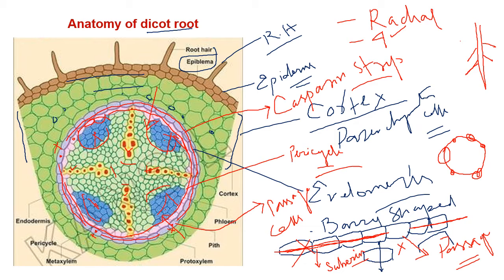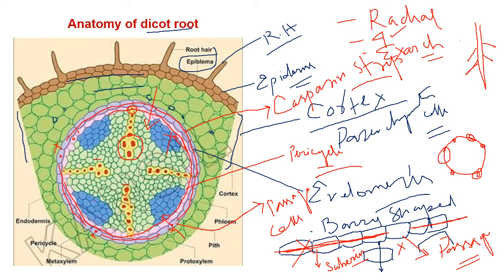Another important point that you have to remember here is that the condition of xylem is X-arch. X-arch means that you have metaxylem, these large ones, and you have protoxylem, these small ones.